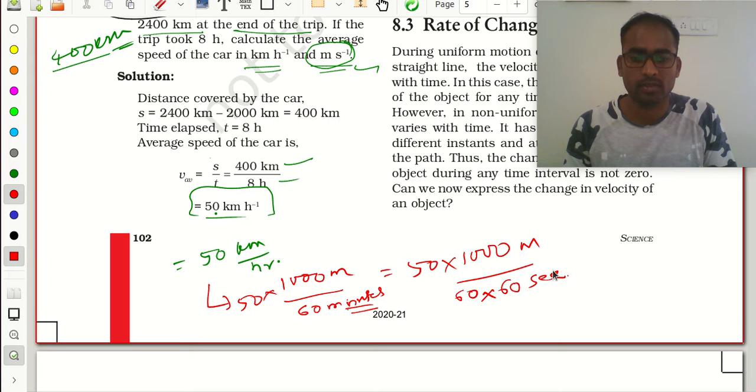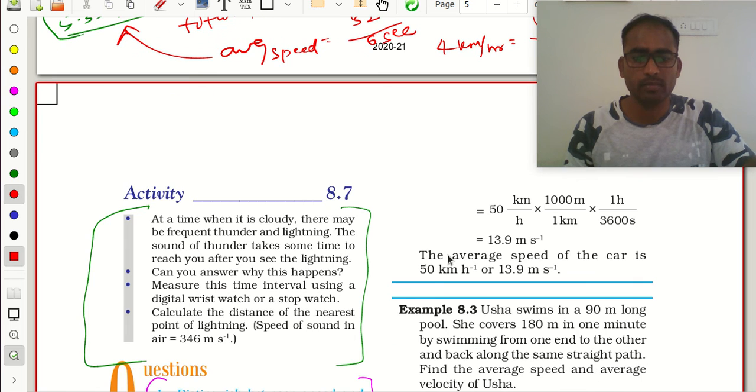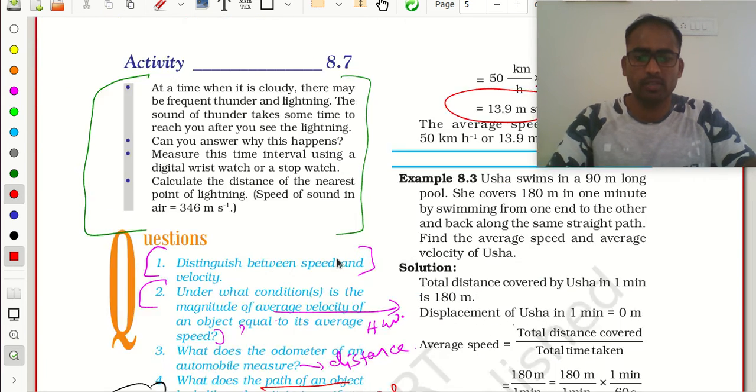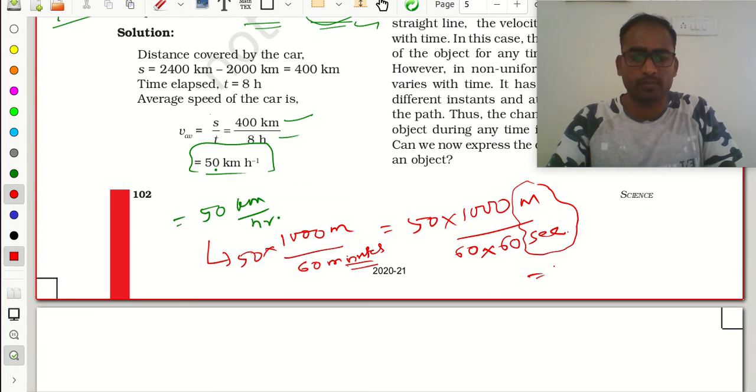So 60 into 60 seconds. If I calculate this whole value, I will get it in the form of meter per second. So here 13.9 meter per second you will get. Both the answers are the same only.